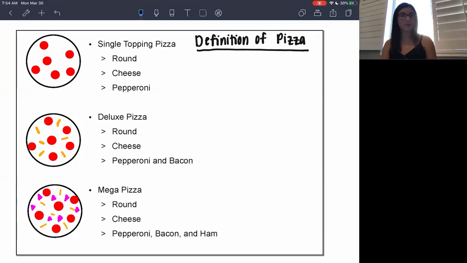Deluxe is also round. It also has cheese, but it's got pepperoni and bacon. And then the mega pizza is round, has cheese, and has pepperoni, bacon, and ham. So it looks like all three of these are round and have cheese. So in order to be a pizza, it must be round and have cheese.